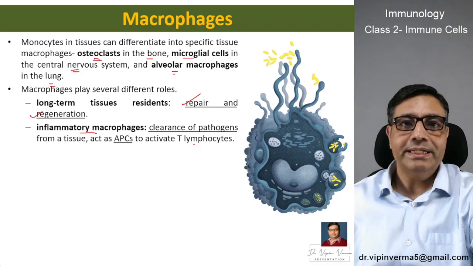the T lymphocytes, right? So macrophages, here you can see this yellow color, they are the bacteria or the tissue antigen.